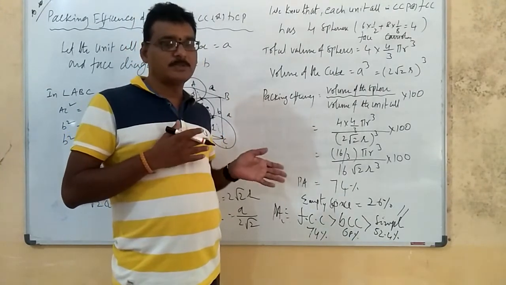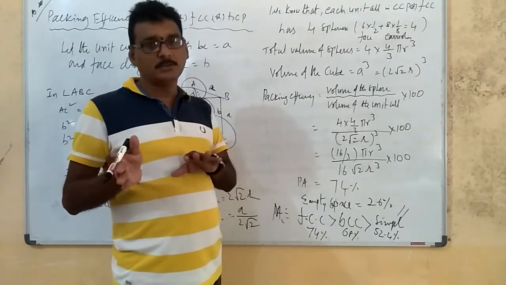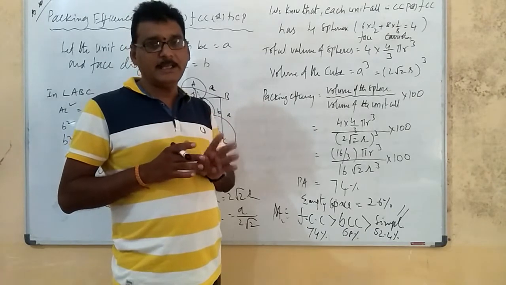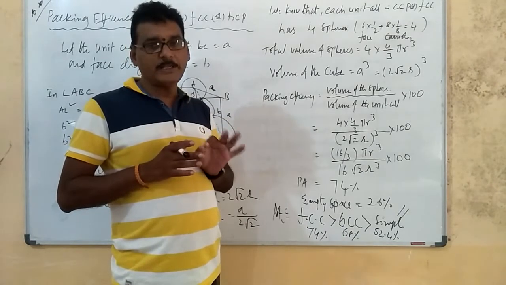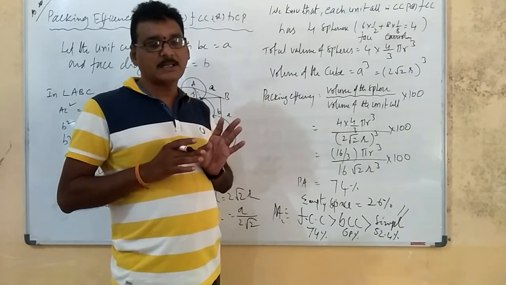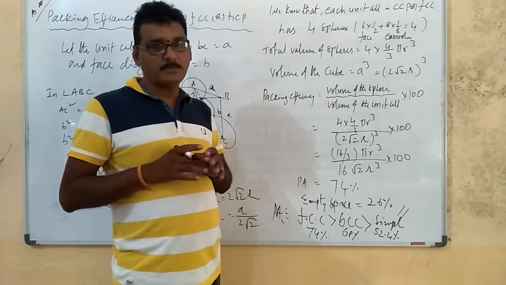We have to observe this, because objective questions are based on this: for edge length a, r is equal to the radius of the sphere, and the third is the distance between neighboring atoms, that is called small d. I will deliver that in the next class.